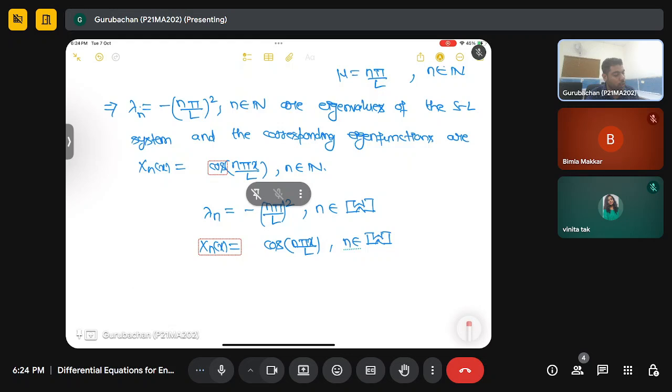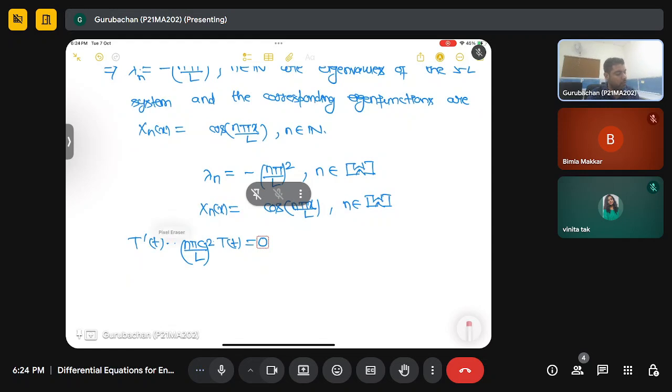Now you also got your eigenvalue. So T'(t), you know that it is T'(t) plus lambda c square T(t) is 0. We know this thing, and we found out the value of lambda. It is minus (nπ/L) square, so that means (nπ/L) whole square times c square T(t) equal to 0, and since it was minus, this will become plus.